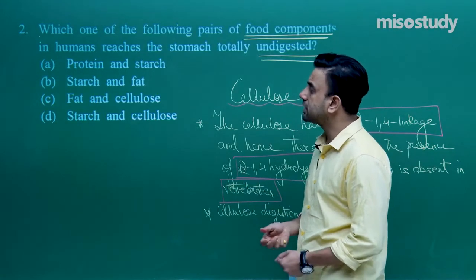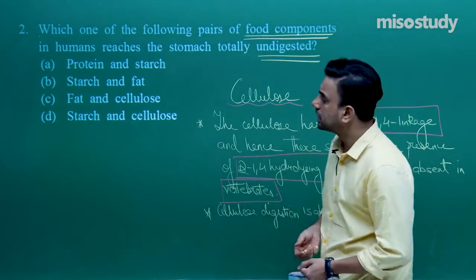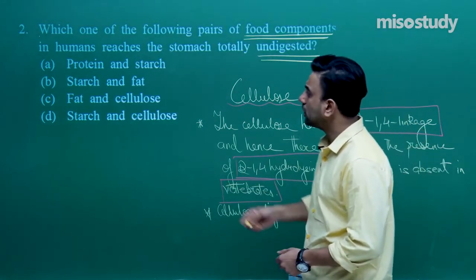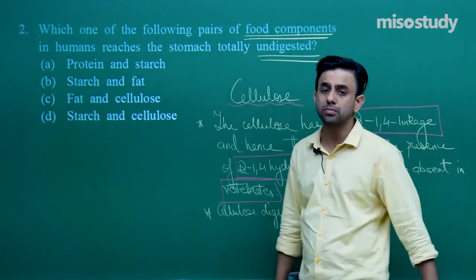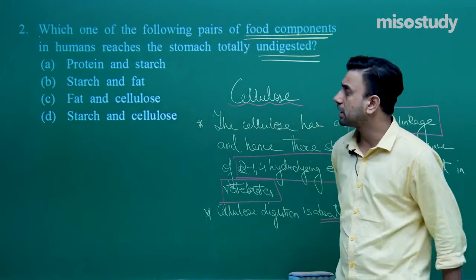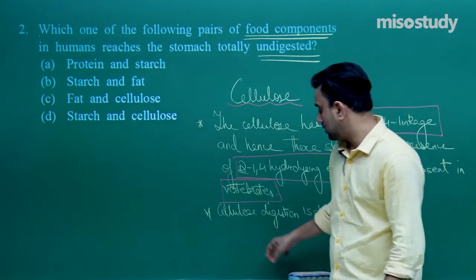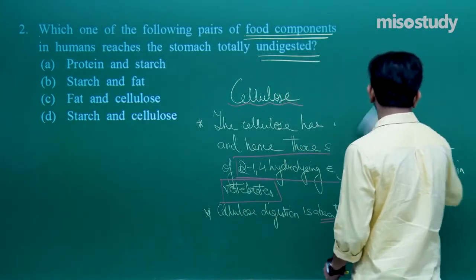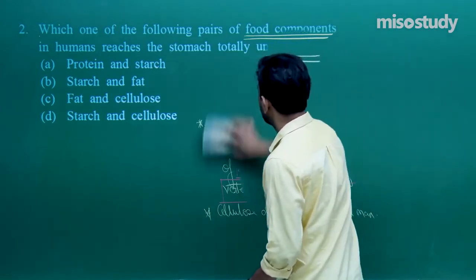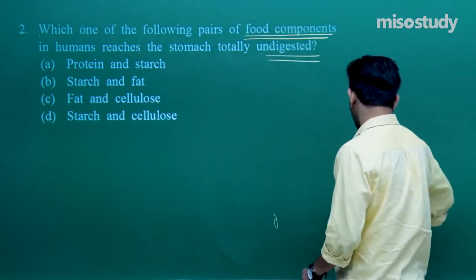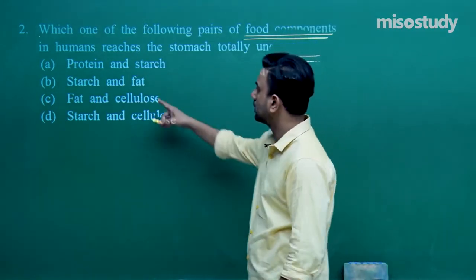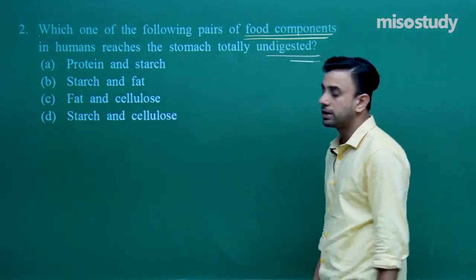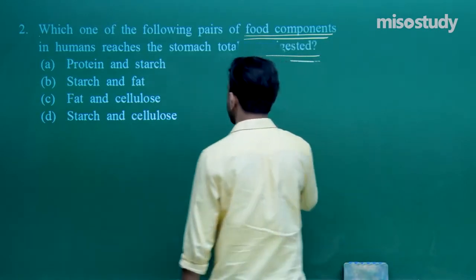Yes, protein digestion does start in the stomach, because the proteases form different compounds there. And then finally we talk about the fat. So, the fat digestion will take place in the small intestine.